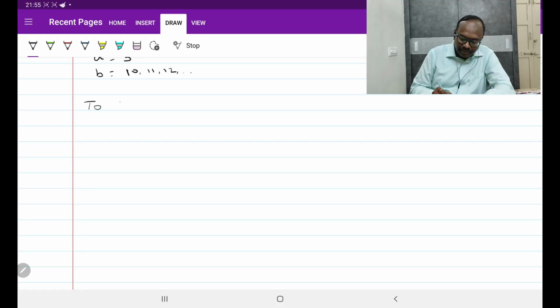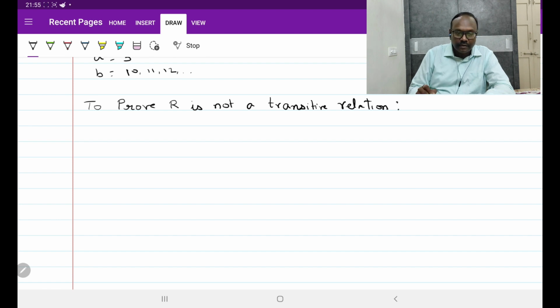Now let us try to prove that R is not a transitive relation. To prove a given relation is transitive, if the ordered pair (a, b) and the ordered pair (b, c) belong to a relation R, then the ordered pair (a, c) should also belong to the same relation.